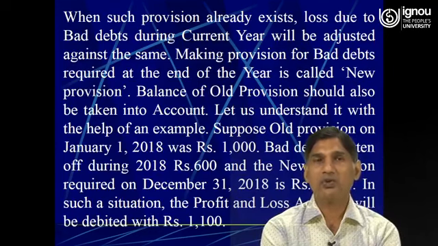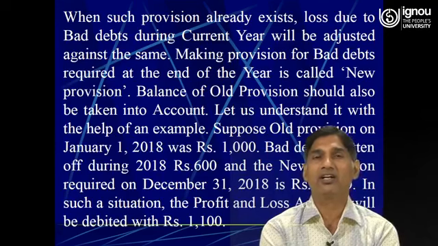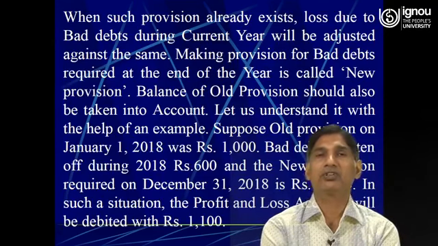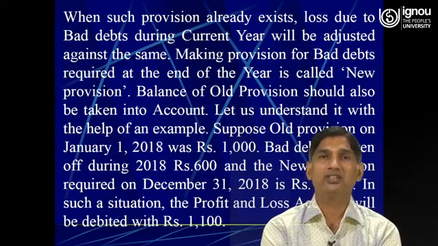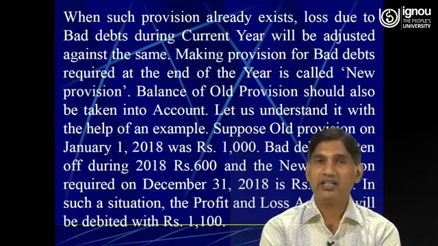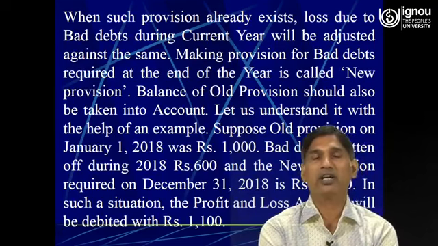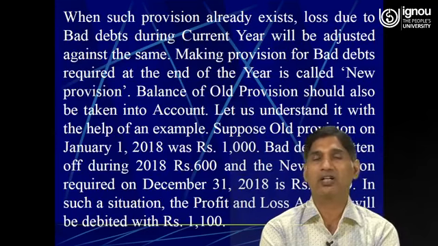Now just try to understand how we arrived at rupees 1100 as far as the provision for doubtful debts is concerned. It is very simple: keep an equation in your mind while making a provision for bad and doubtful debts, for the amount which needs to be charged to the profit and loss account.